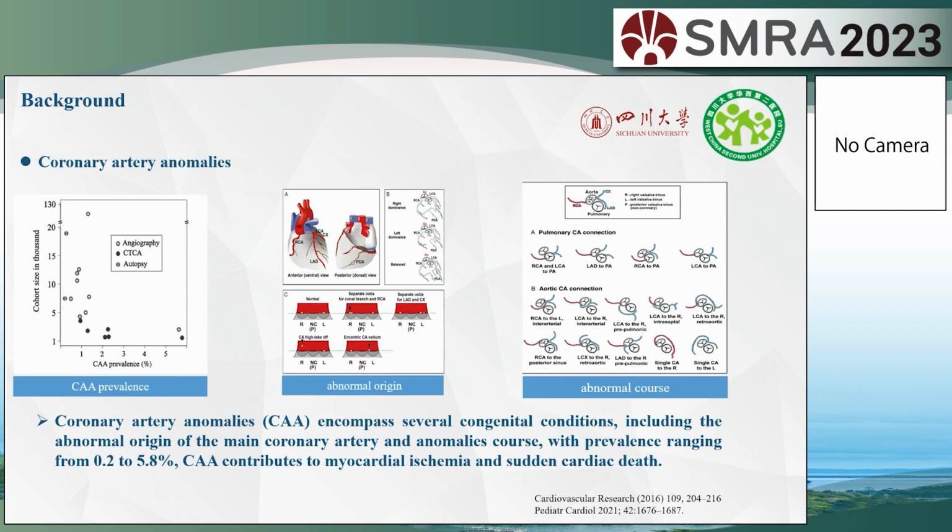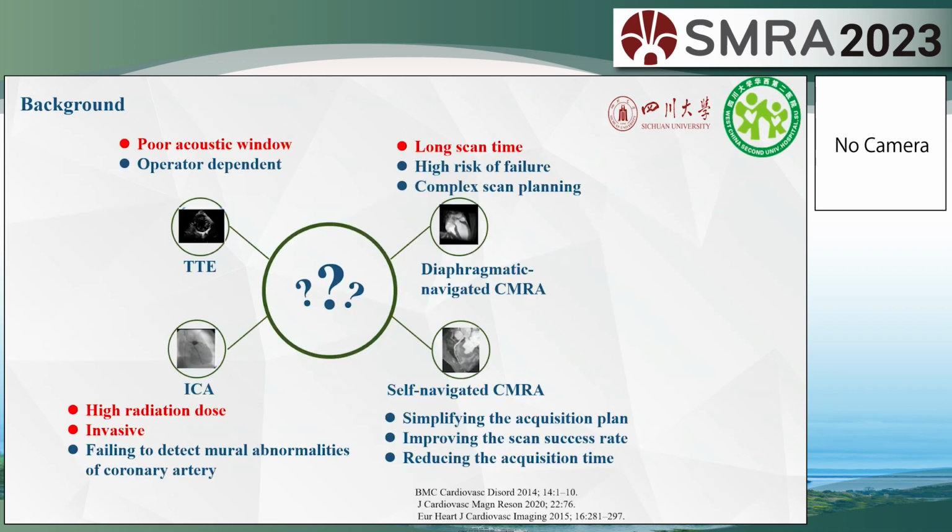Thus, the accurate diagnosis of CEA is essential for risk stratification and therapeutic approach. Echocardiography, ICA, and CCTA have some limitations in detecting CEA, such as poor acoustic window, invasiveness and high radiation dose.